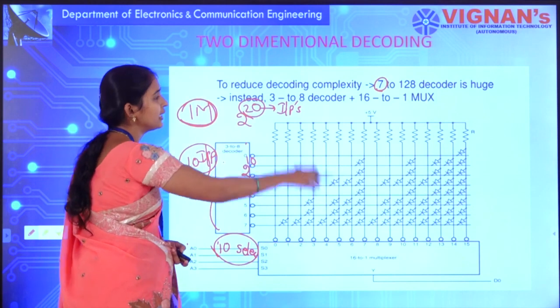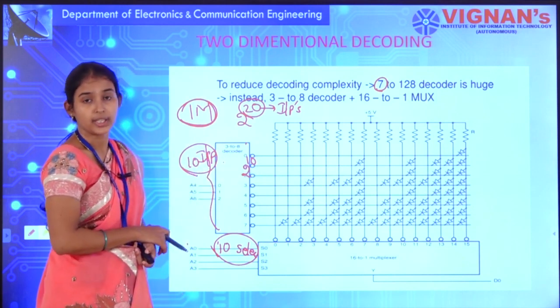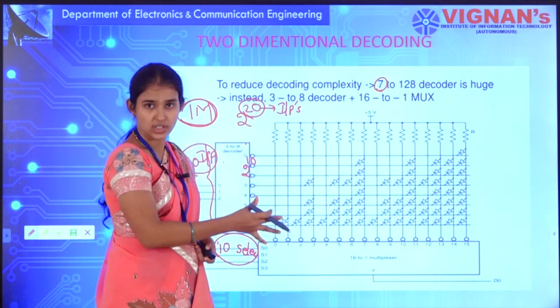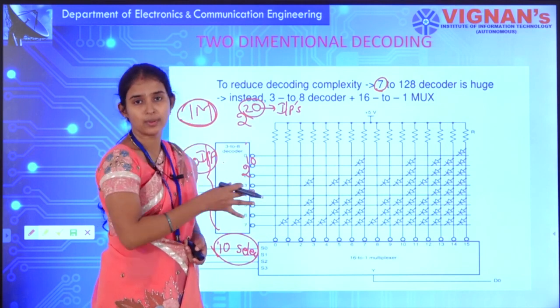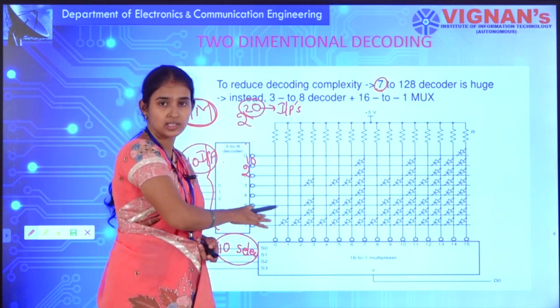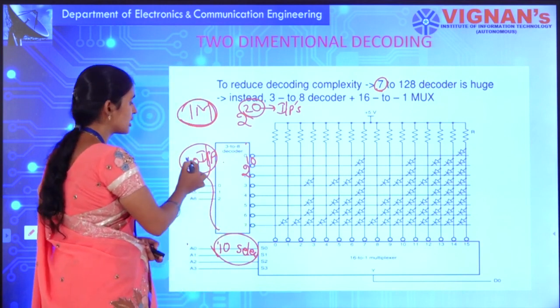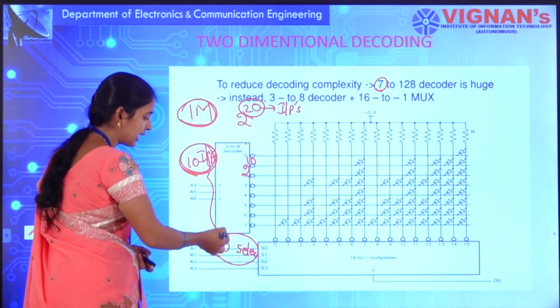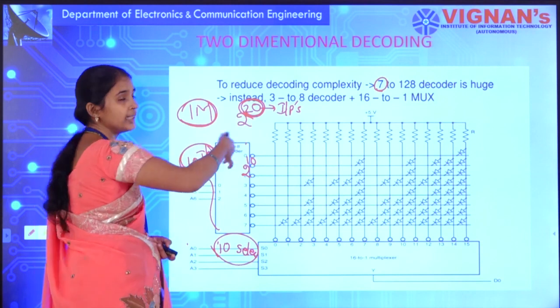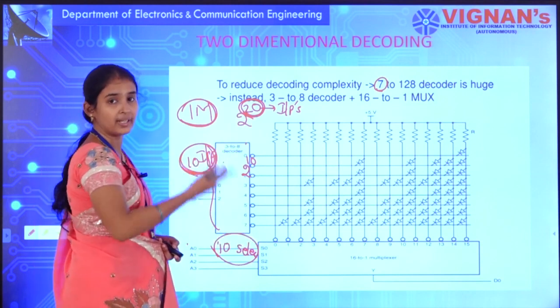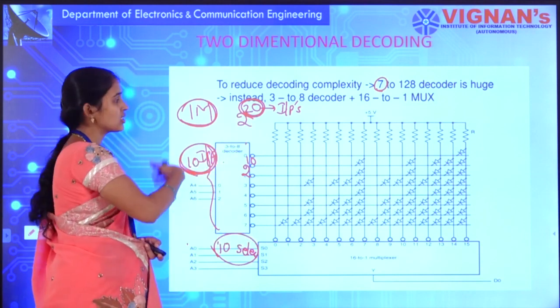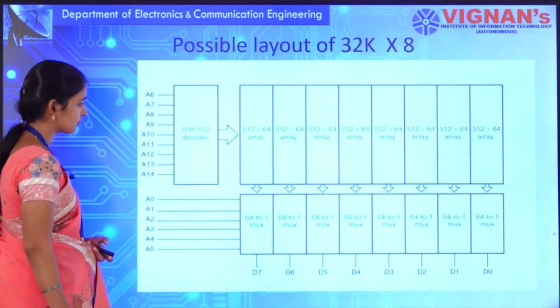And that is very difficult to design. Even though this is somewhat easier to design compared to one dimensional, when we come across a large number of inputs, like 10 inputs or 20 or 30 inputs, this is quite complex.